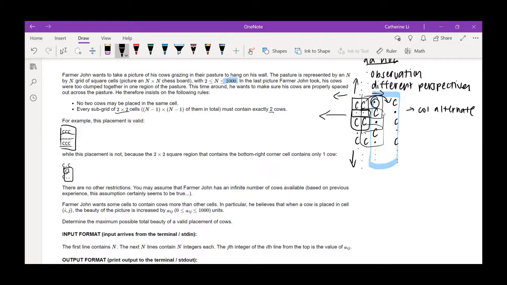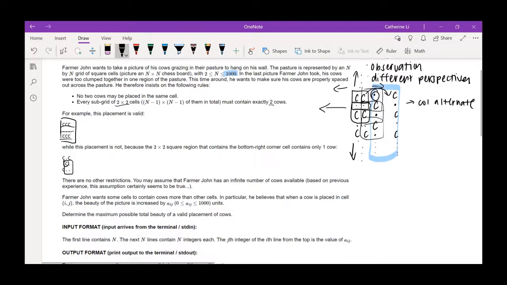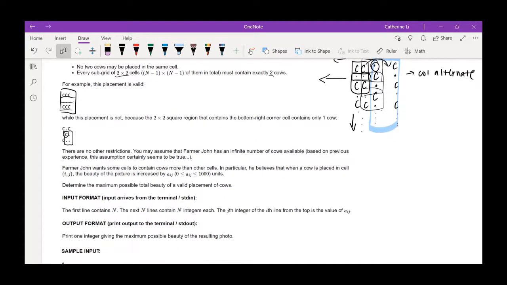So if we look at the case where we're having a cow and a dot next to each other, for this second row, we could have a cow and a dot again, in which case this would just be the same as the first configuration rotated by 90 degrees.